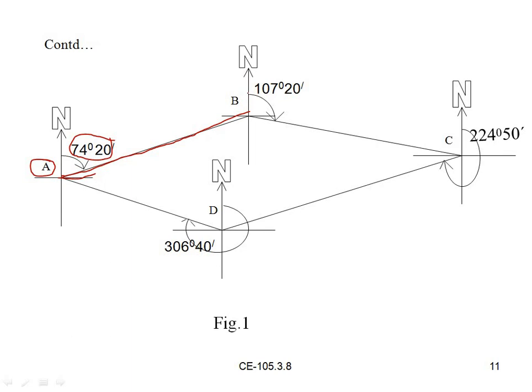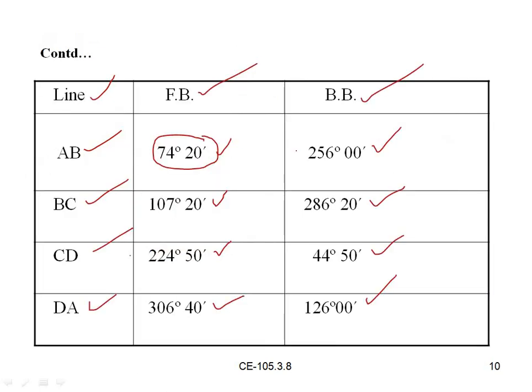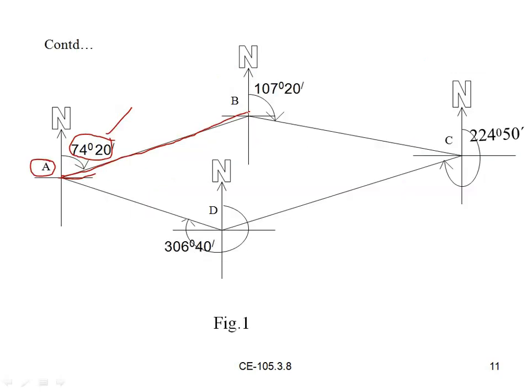Again draw the line in the north direction. So A to B is 74 degrees 20 minutes and now B to C is 107 degrees 20 minutes. Again from B, 107 degrees 20 minutes is in the second quadrant, so draw again from here to C.